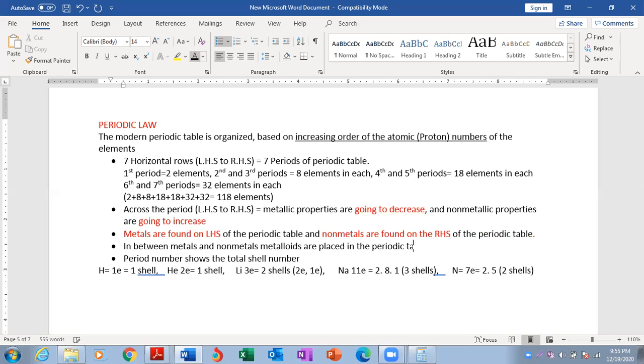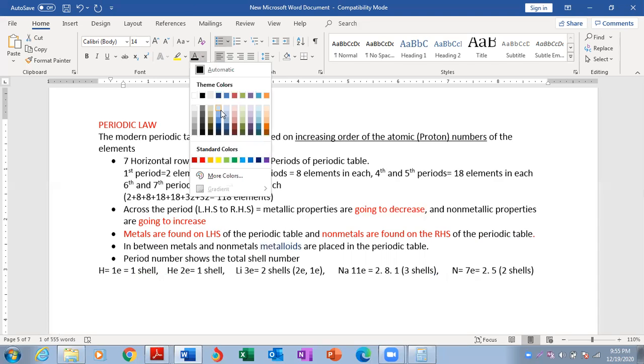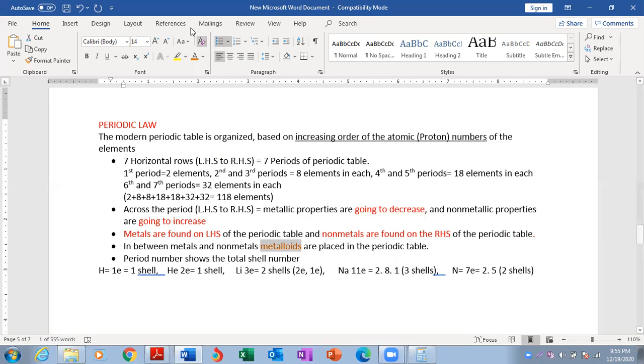I have told you that all of the elements are organized in the periodic table, and there are three types of elements: metals, non-metals and metalloids. Metalloids are also called poor metals or less reactive metals. I'm just going to highlight it here.